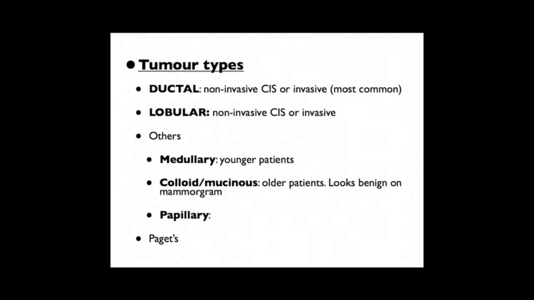And then finally there's Paget's, which is really a disease of the nipple. It looks very much like eczema. The important thing is if there's eczema of the nipple, which can happen, not normally, but in a benign process, if it persists for longer than 2 weeks, you need to investigate for underlying malignancy.